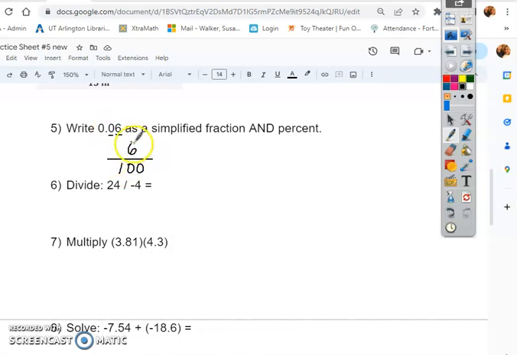Remember, a percent compares to 100, which means the percent is 6%. But you still need to simplify this. Generally when you have a decimal, we just move it 1, 2 to make it a percent, or backwards to make it the decimal.